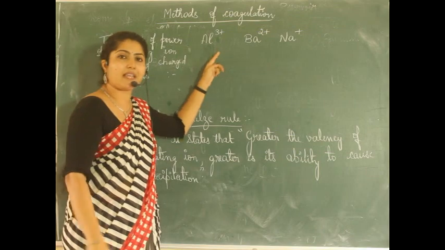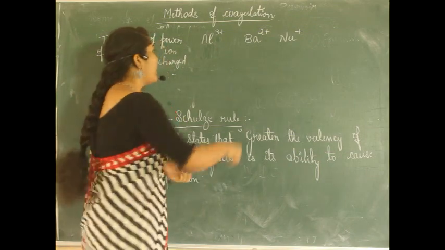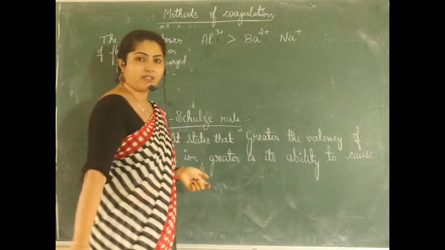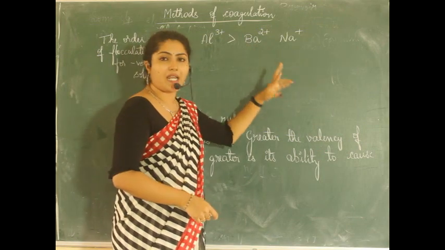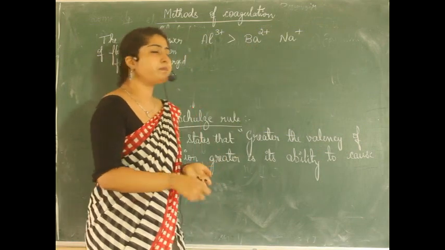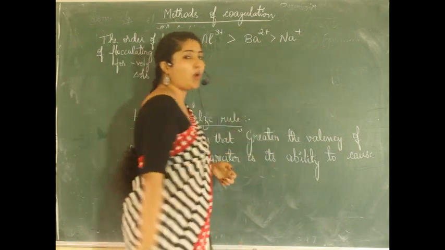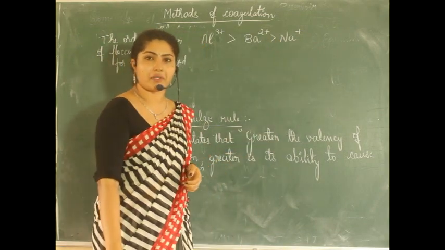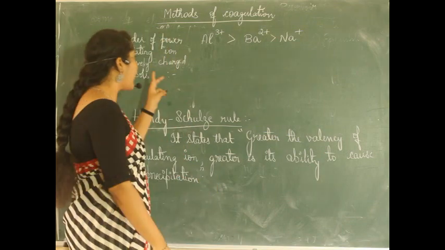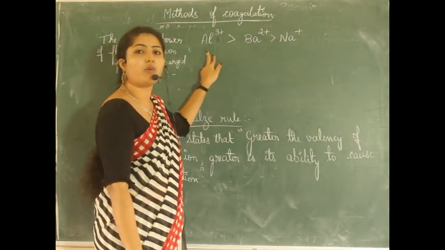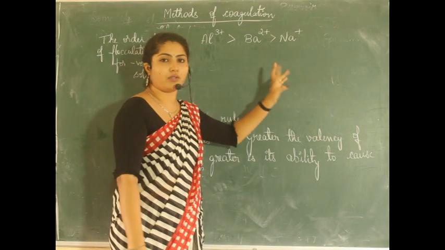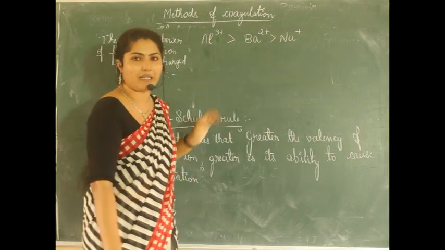So Al3+ can cause more precipitation, so this will be showing more power compared to the next one. Now comparing Ba2+ and Na+, Ba2+ will show more power of flocculation or coagulation. Is it clear now? For a negatively charged sol, aluminium 3+ can show more flocculating power compared to the other two since its valency is greater.